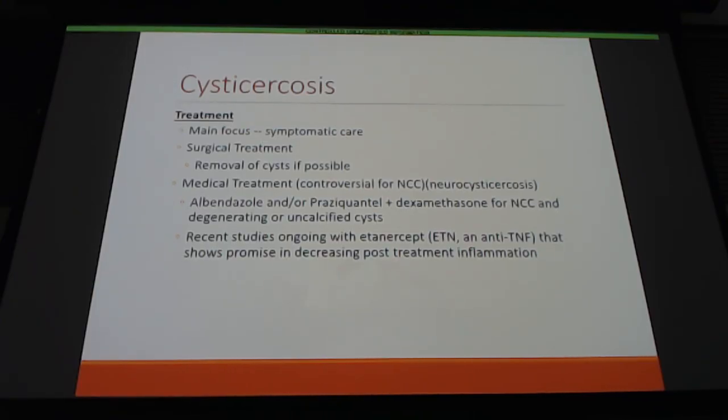There's a lot of things to take into account. Because the main goal is basically to get rid of the cyst, to kill the parasite. But because it's in the brain, you have to be even more careful.